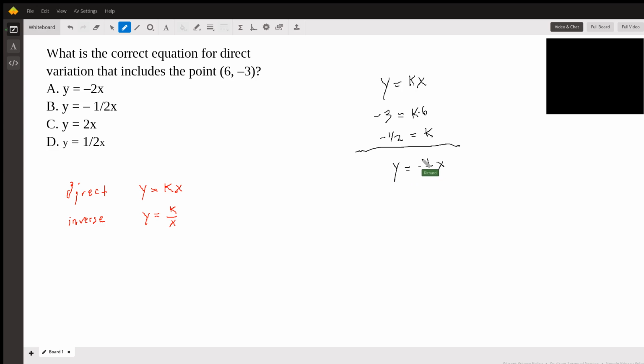But usually a homework problem is going to ask you to come up with a constant of variation and then ask you to make a prediction of y given x once you find that constant. Anyway, in this problem, you're just asked which of these answer choices is correct, and so it's answer choice B, obviously y equals -1/2 x, because that's what we have here.